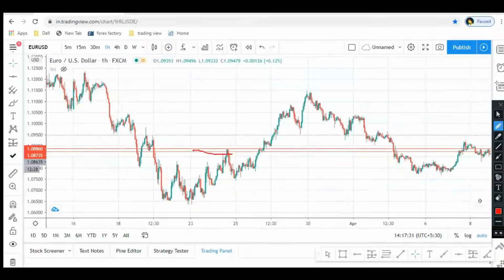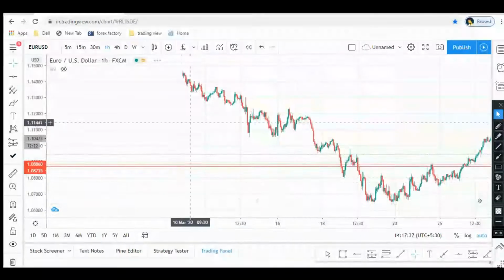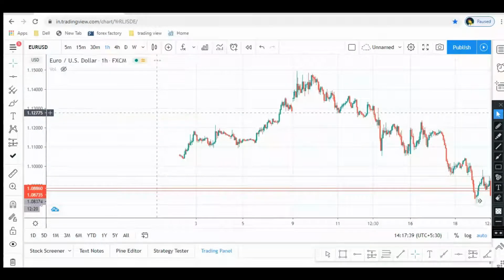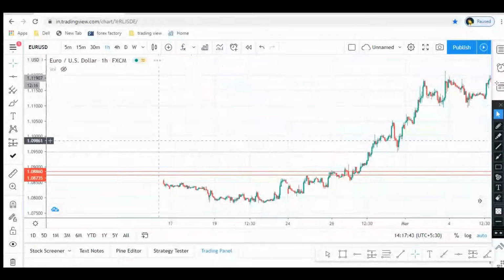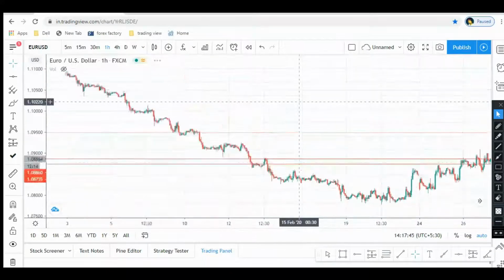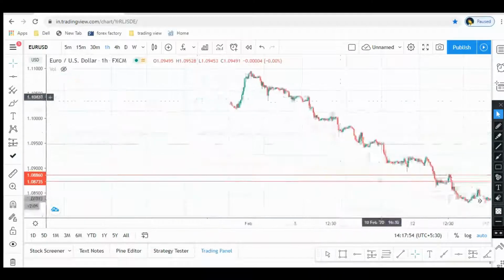You have seen here also, and we will go back more. You can see here itself also, here also. How strong a resistance this is.